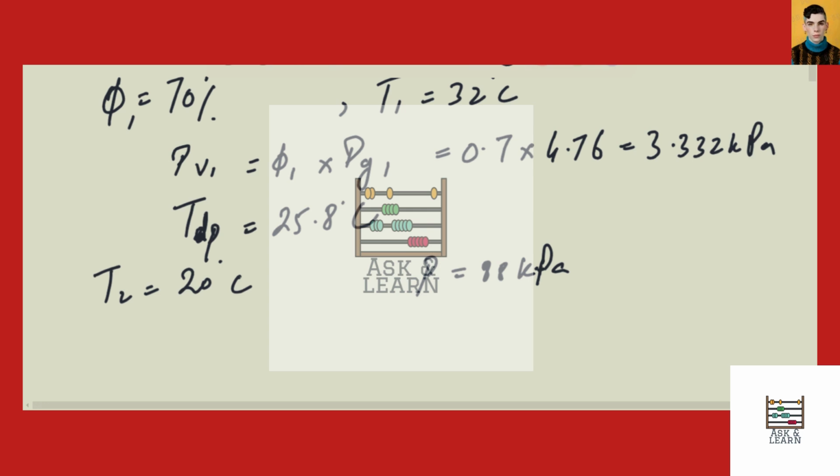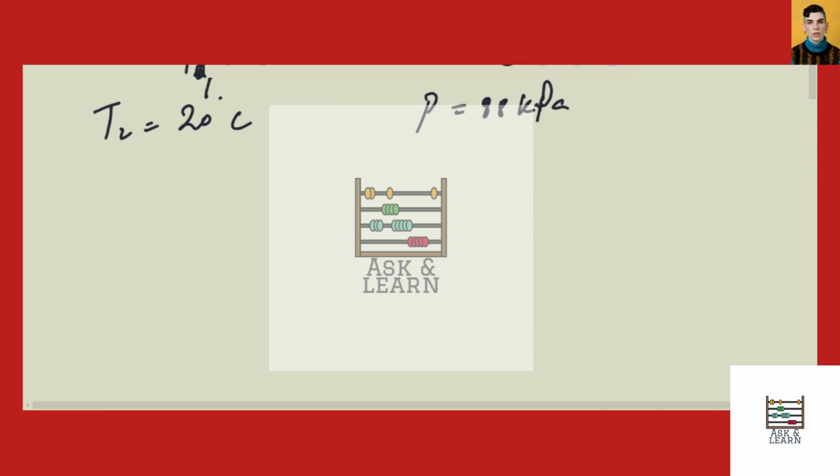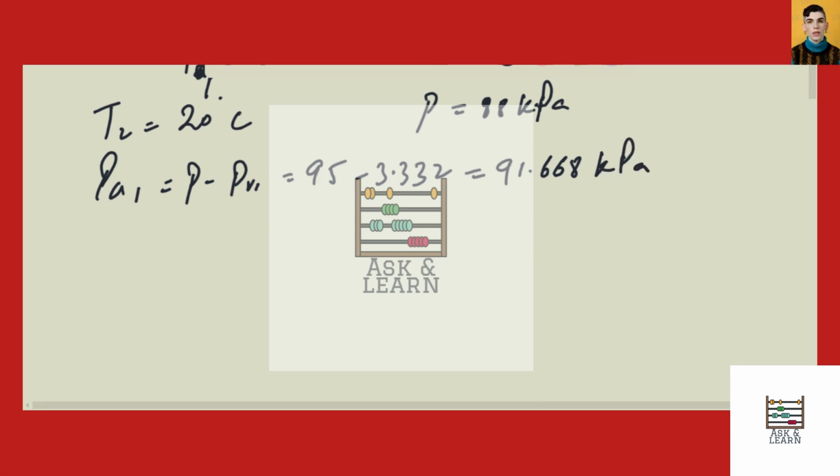We can calculate the air pressure, that is PA1 is equal to P minus PV1, which is equal to 95 minus 3.332, which is equal to 91.668 kilopascal.